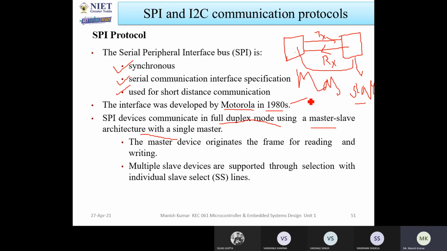The slave is not capable of initiating the transmission. The master device originates the frame of reading or writing. Whenever you want to transfer data, you are going to read the data or write the data.